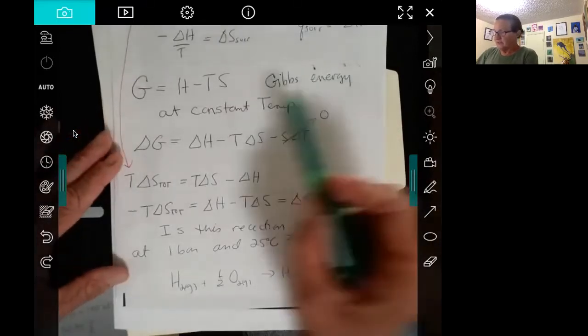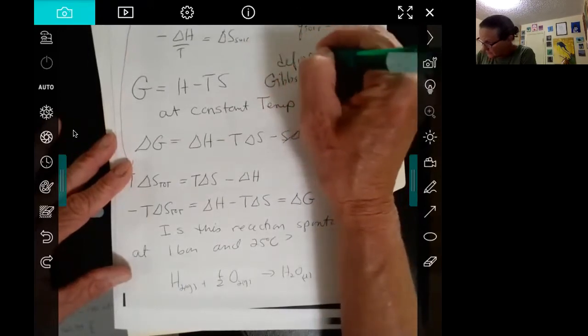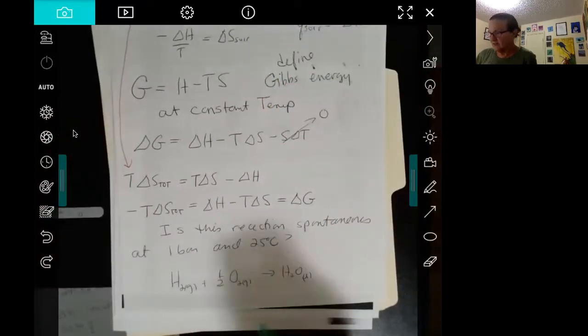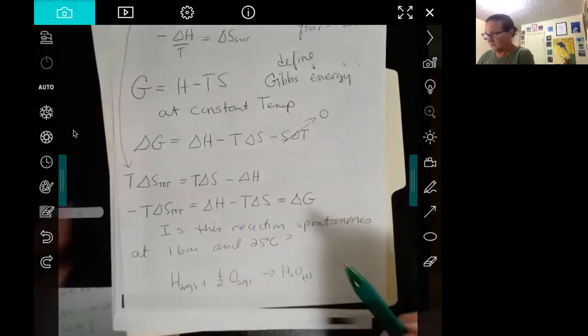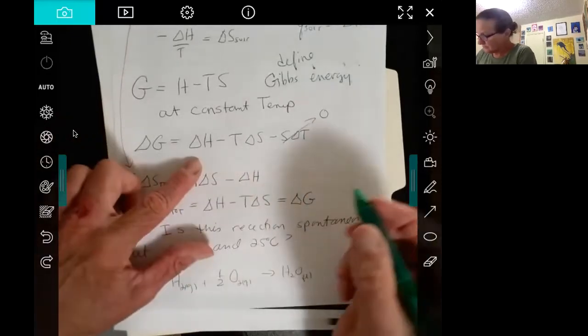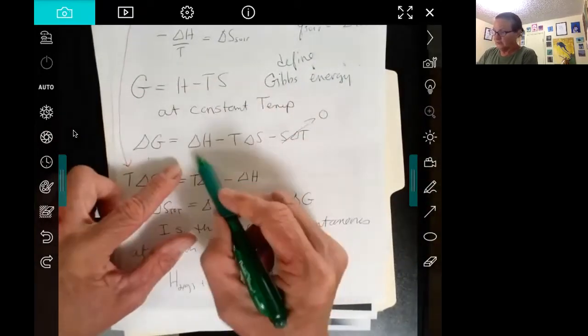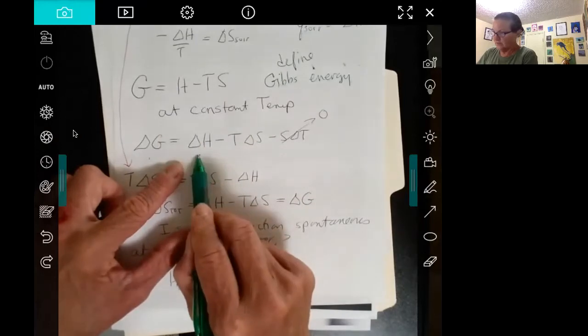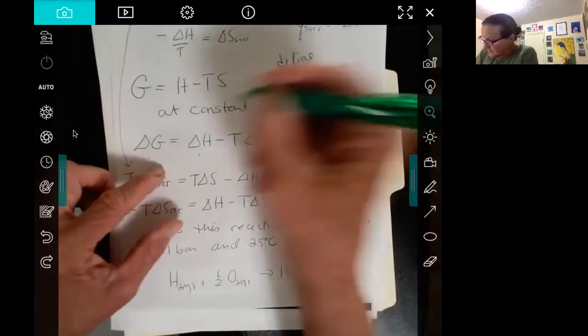So the Gibbs energy is defined. So you can't derive this. We define it out of convenience. So at constant temperature, let's look at what a delta G would be. So if you look at a change in Gibbs free energy, it'll be equal to a change in enthalpy minus, let's write that out.